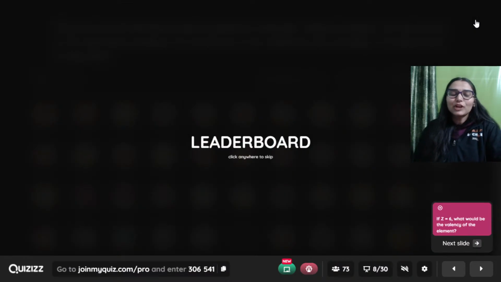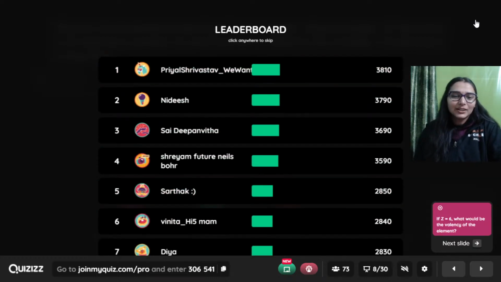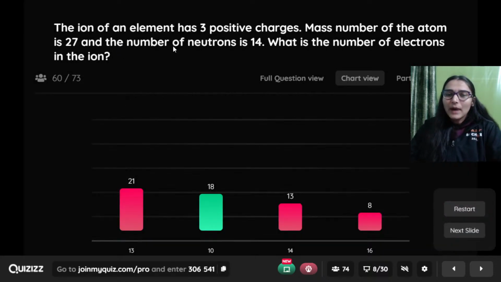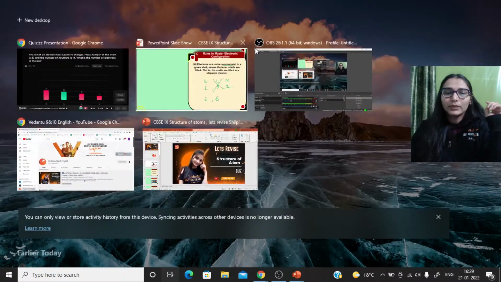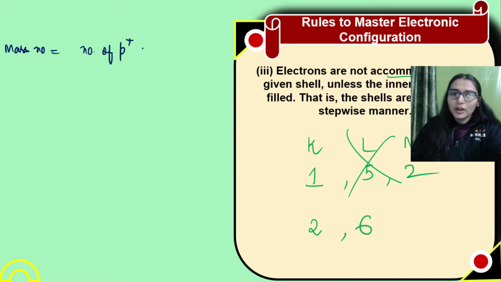First you see the number of electrons in the neutral atom. Amazing. Priyal on the top now. ये third, देखो, how will you solve it? Mass number is 27, neutrons are 14. चलो, so we know a relation. Mass number we know is equal to number of protons plus number of neutrons, है ना.